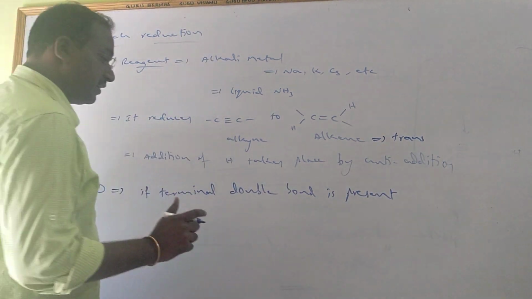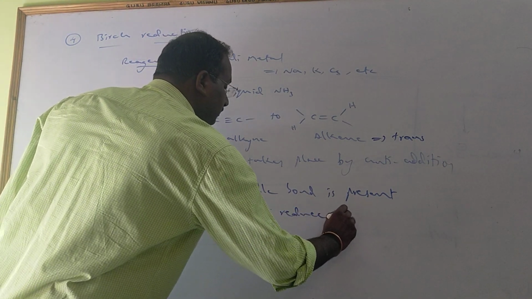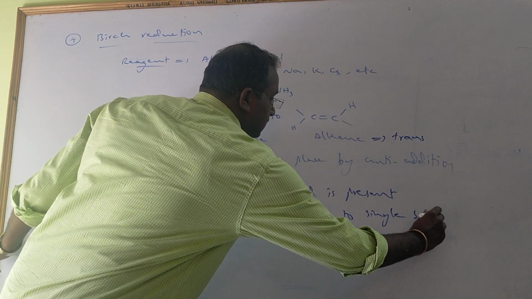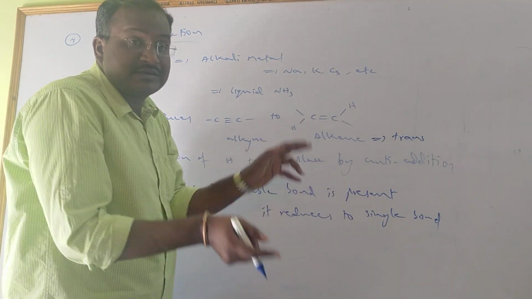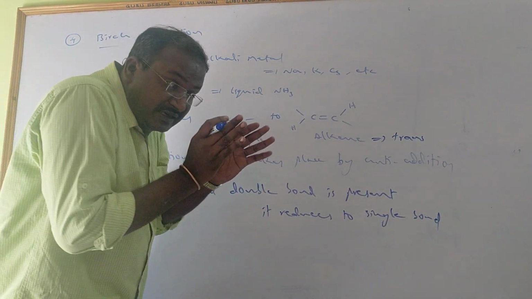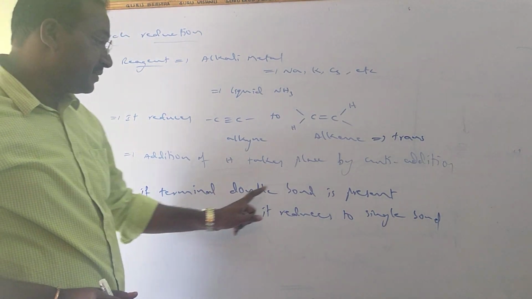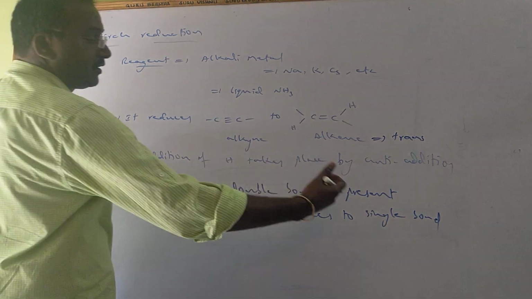If a terminal double bond is there, it reduces to a single bond. Generally, once the double bond is formed, no further reaction takes place, if that double bond is present in the middle of the compound. If the double bond is at the terminal carbon, it converts into a single bond.